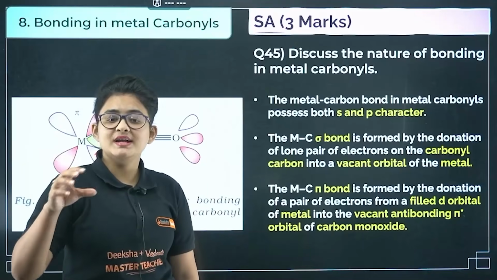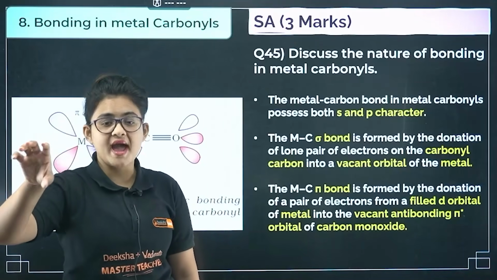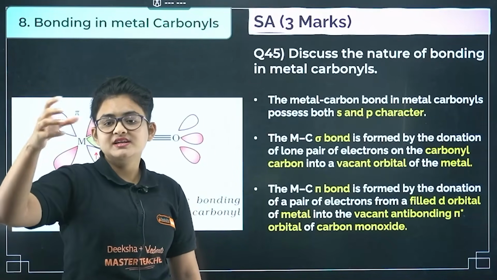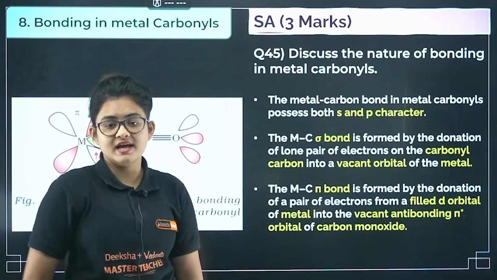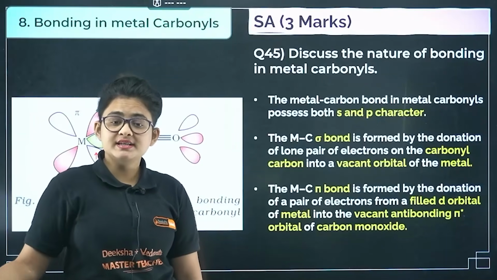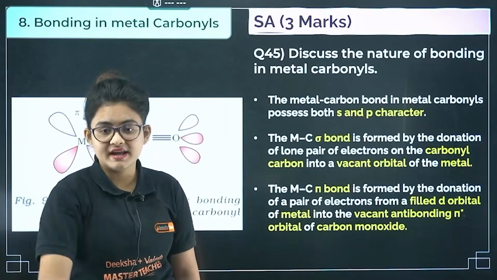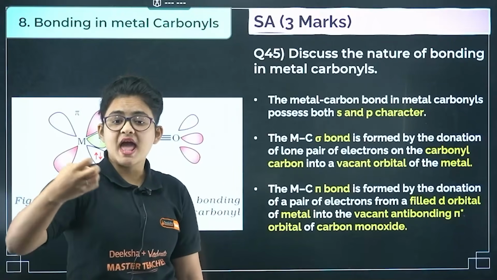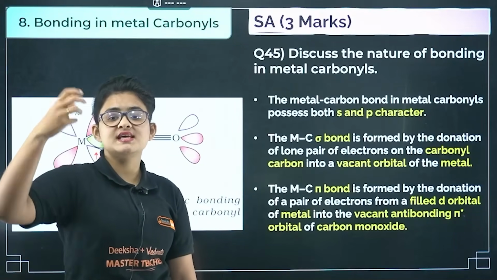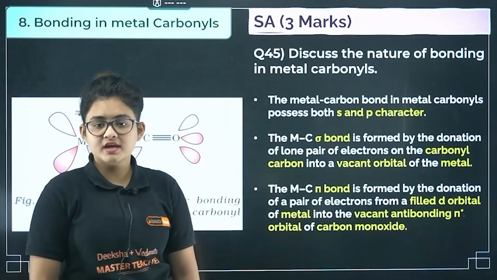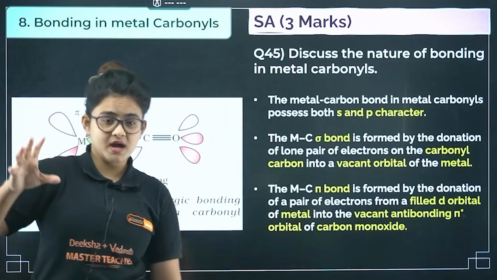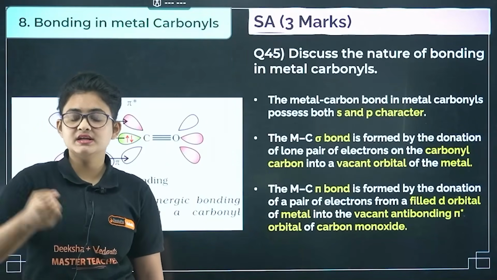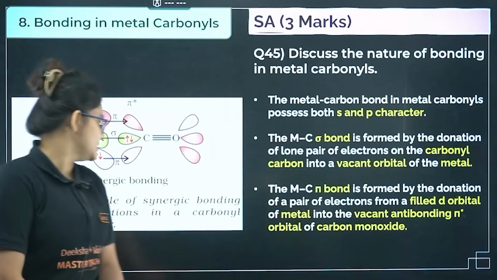Further, the metal gives the electron cloud back to the carbonyl and it creates some pi character as well. So it has both sigma and pi character. The carbonyl accepts the electron cloud in its anti-bonding pi star. As a result of this, you get both sigma and pi character, some back bonding character, and that is called synergic bonding.